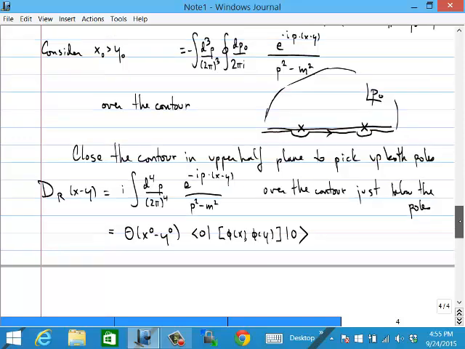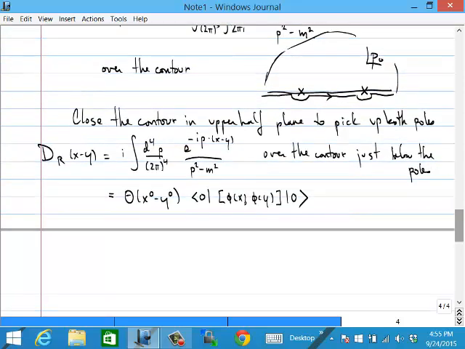I call this d sub r because this quantity has a name. It's referred to as the retarded Green's function, or the retarded propagator. And it actually has a very important and interesting physical interpretation, which I'll describe to you in a second. But before I do so, I want to pause and see if there are any questions.